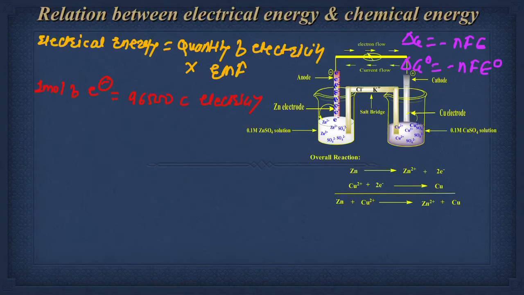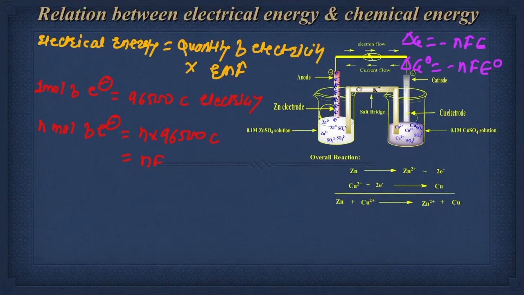If we consider the reaction where n moles of electrons flow through the circuit, then n multiplied by 96,500 coulomb of electricity will pass. One Faraday is 96,500 coulomb, so n Faraday, we can write nF.